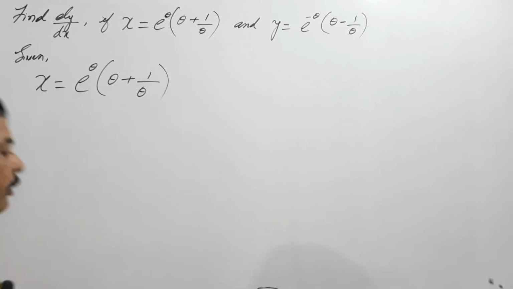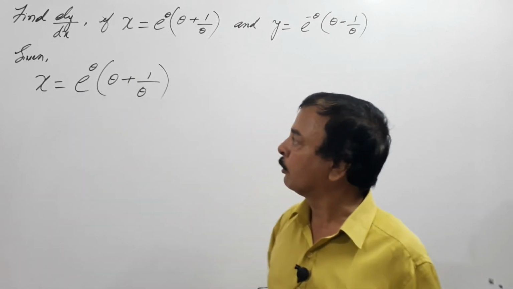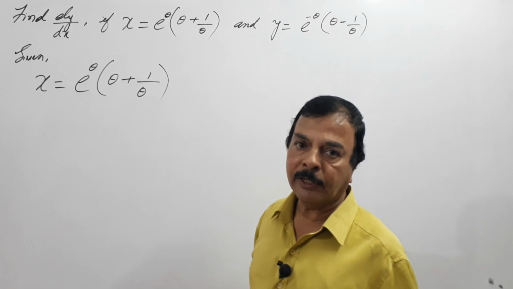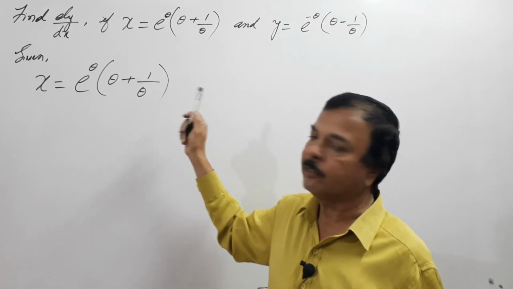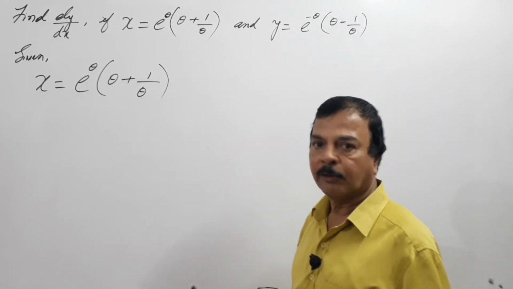Here I need not tell you, you have to use the product rule, because you have two functions here and it's very simple. We have to differentiate this with respect to theta because everywhere we have theta.